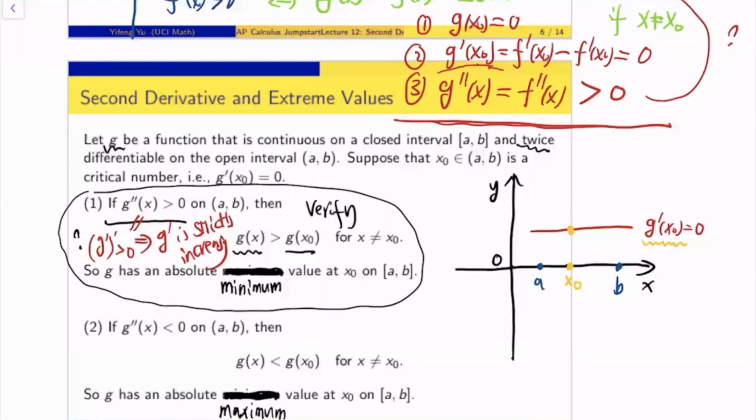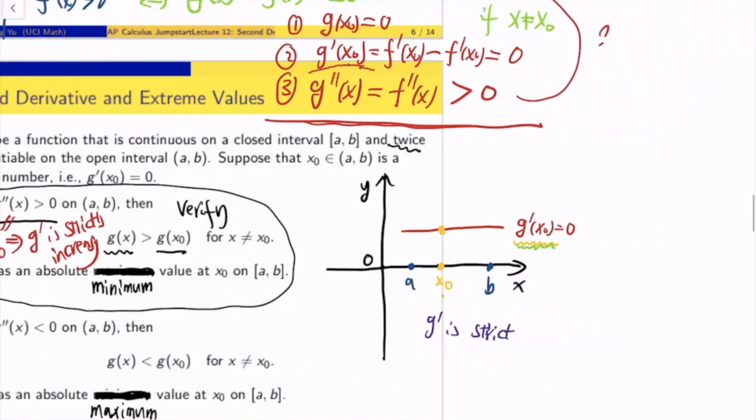Because we know the derivative of g at this point is 0, and g prime is strictly increasing, let's copy it here. Because the value at x0 is 0, on this side g prime will be strictly less than 0, because it's strictly increasing and the value at this point is 0.